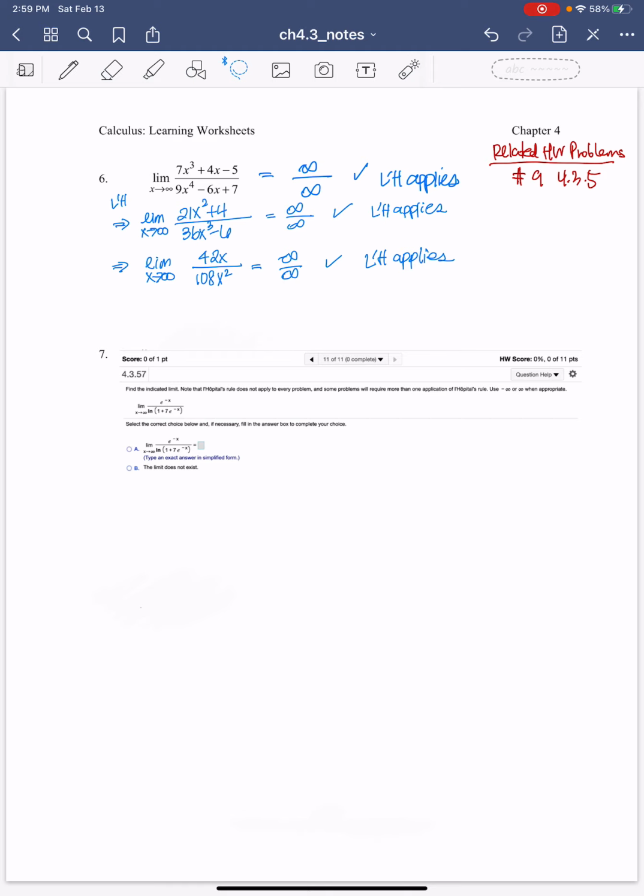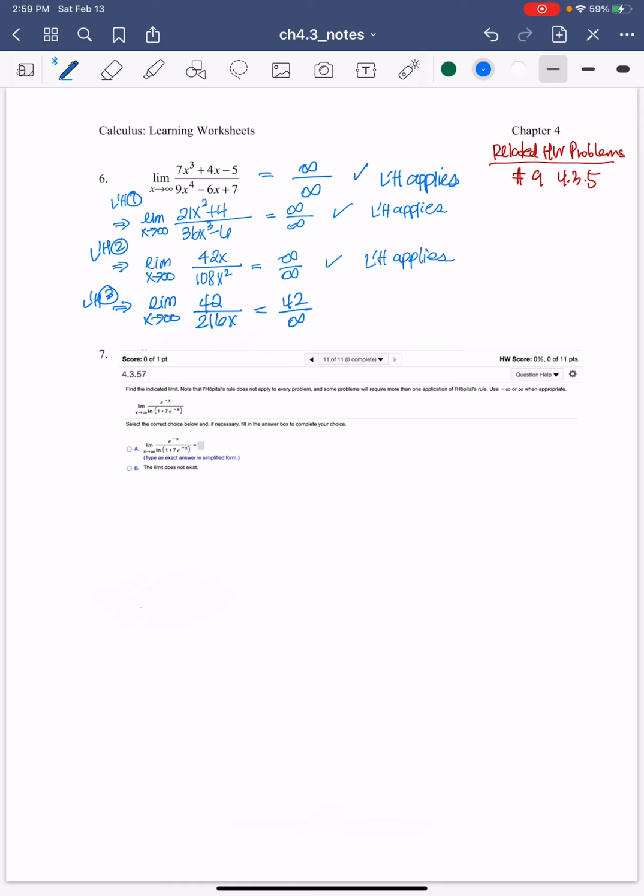So let's apply L'Hopital's one more time, now for the third time. Limit as x approaches infinity: the derivative of 42x is 42, and 108x squared is now 216x. Now let's apply infinity. Then I'm going to have 42 over a very big number.